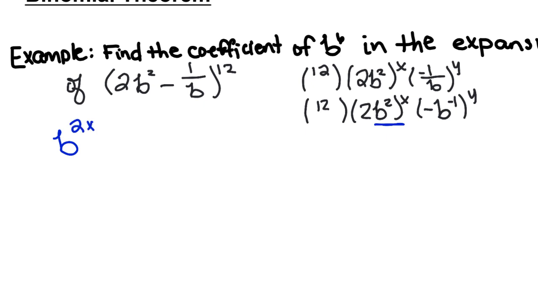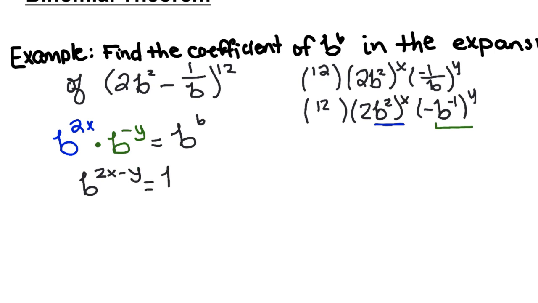So you multiply those. And then I'm also going to have b to the negative 1 to the y. And I know that I'm looking for my b to the 6th term. And so you can use your properties of exponents to turn this into 2x minus y is equal to b to the 6th.